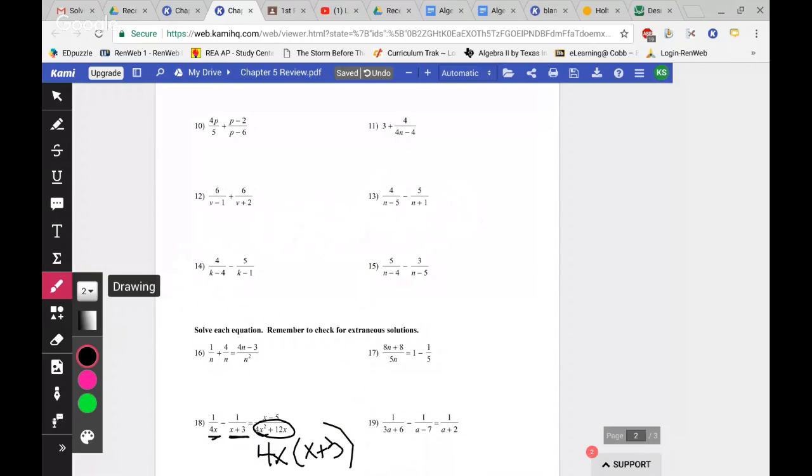So I'm going to multiply each side of the expression by 4x times x plus 3. And so I'll multiply this side by that. And I'll multiply this side by that.